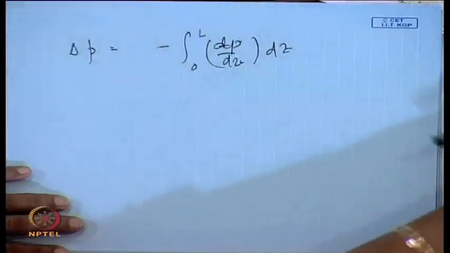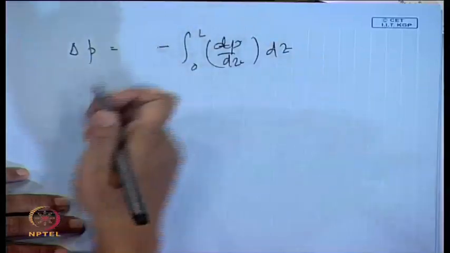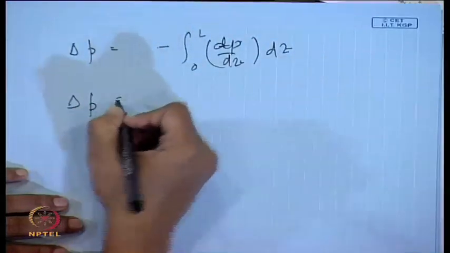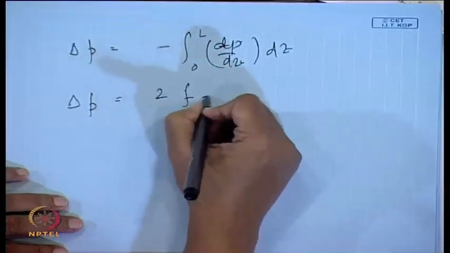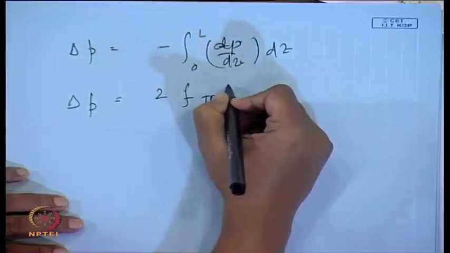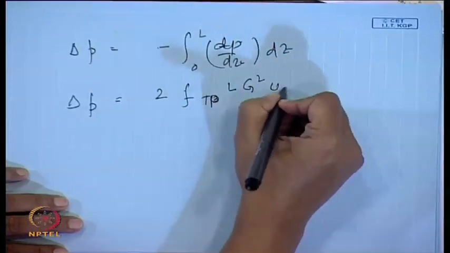Okay. And so, therefore, if you substitute these and if you perform this particular integration, more or less the expression which you are supposed to expect is 2 f TP. You please do it and you see whether you have got it or not.